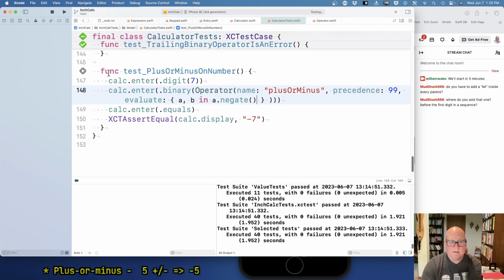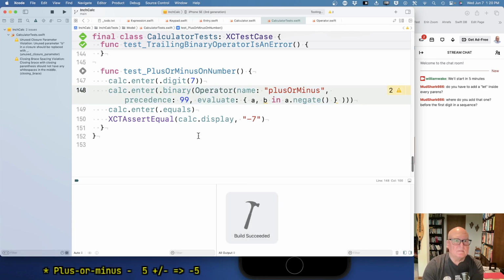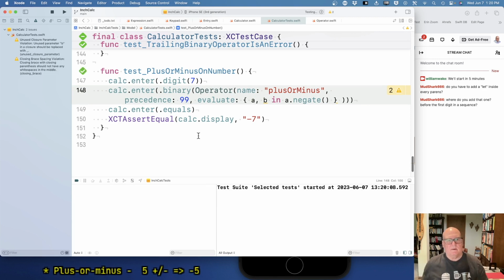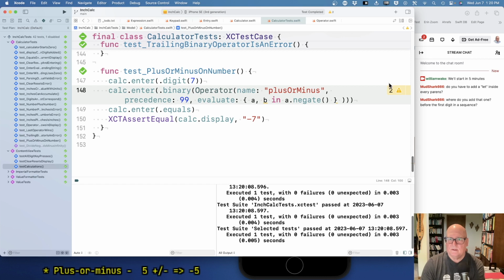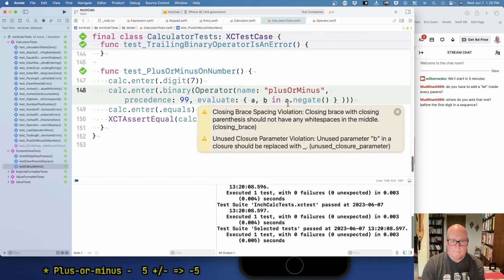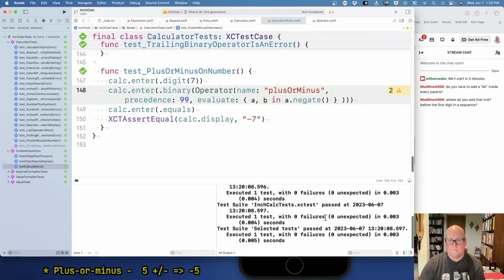Right. Should fail. Yeah, we don't want a binary op. Huh. What? And I guess it's legit that this should be ignored. Why did that work?